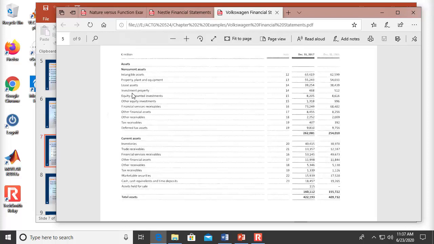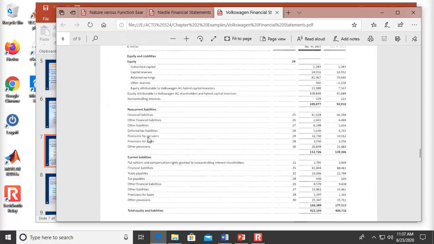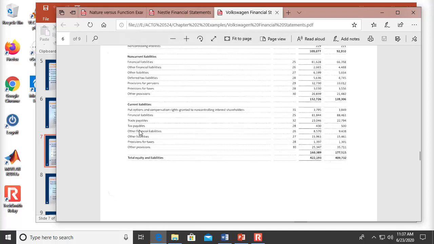So there's an example of that on Volkswagen's balance sheet. They do not have any biological assets either, as we would expect. And in their liabilities, there are provisions for pensions, provisions for taxes, and other provisions, both non-current and current. Those are other items that Volkswagen has, just like Nestle.